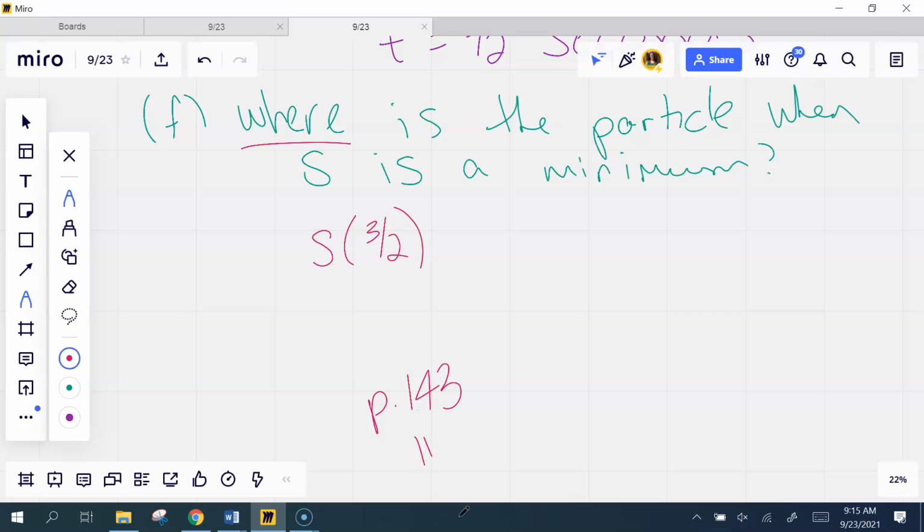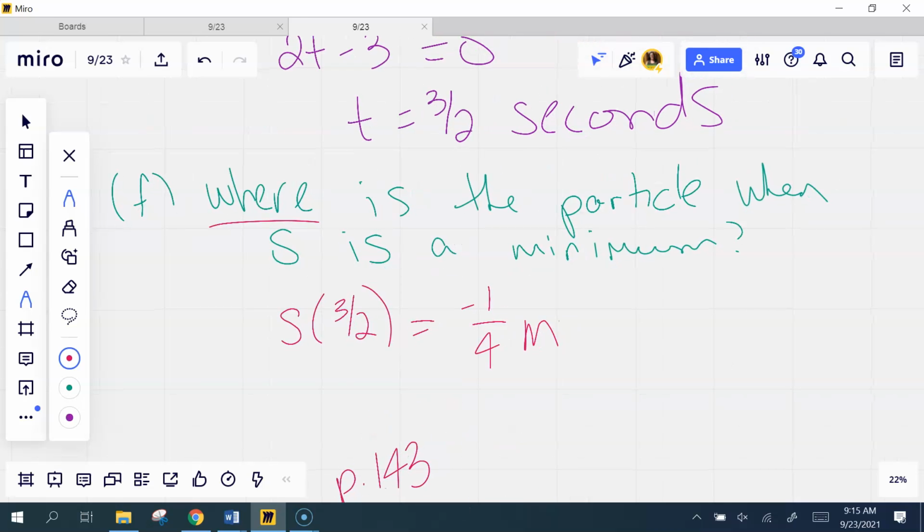What did you get? That's not displacement, that's where it is when it finishes moving. Where am I plugging this in though? So think about this. He's moving along this ruler, right?